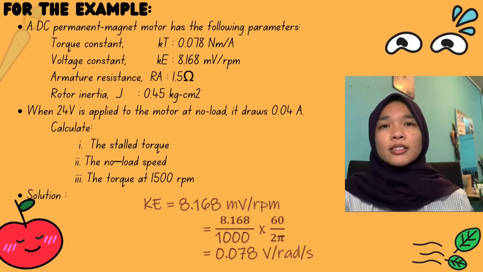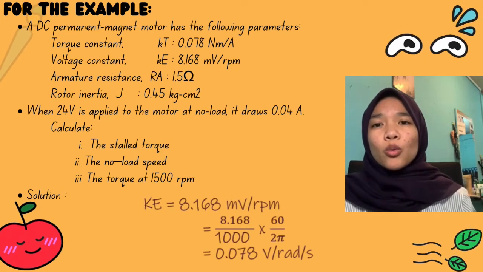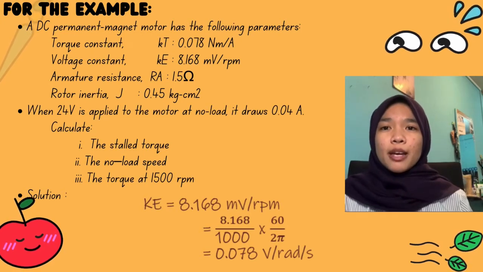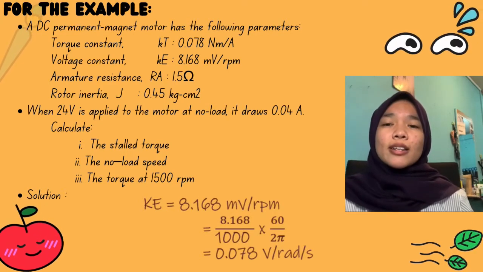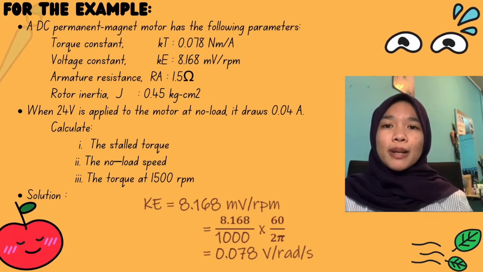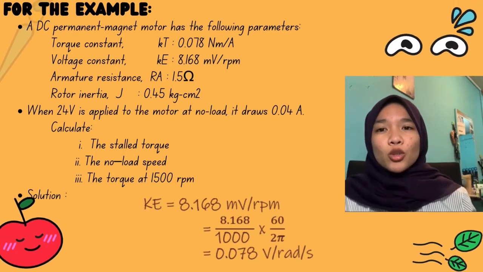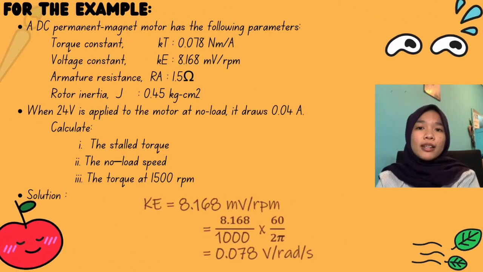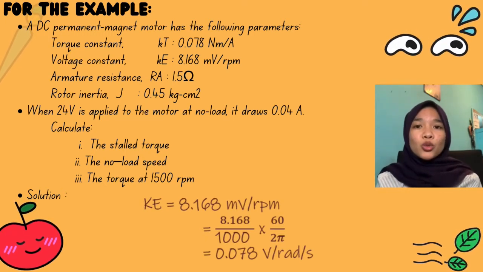For the solution, voltage constant equal to 8.168 millivolt per rpm equal to 8.168 divided by 1000 multiplied by 60 divided by 2 pi, equal to 0.078 volt second. We divide 8.168 by 1000 because we want to change the unit from millivolt to volt.